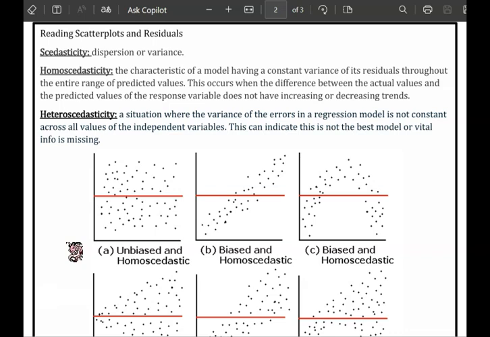This occurs when the difference between the actual values and the predicted values of the response variable does not have increasing or decreasing trends. And heteroscedasticity is a situation where the variance of the errors in a regression model is not constant across all values of independent variables. This can indicate that this is not the best model or vital information is missing.